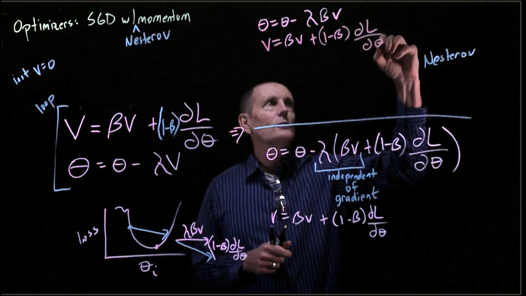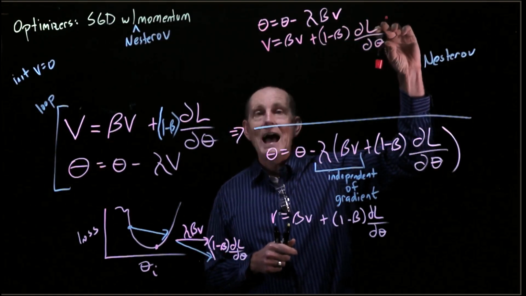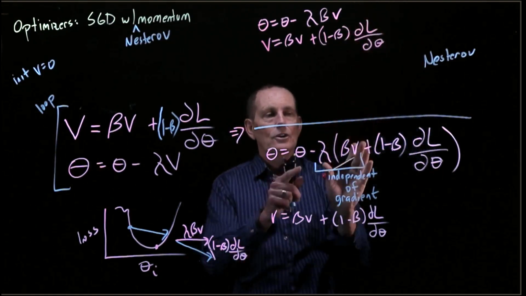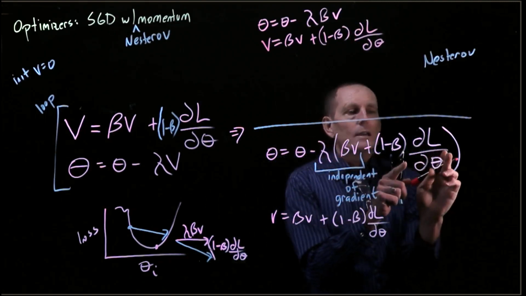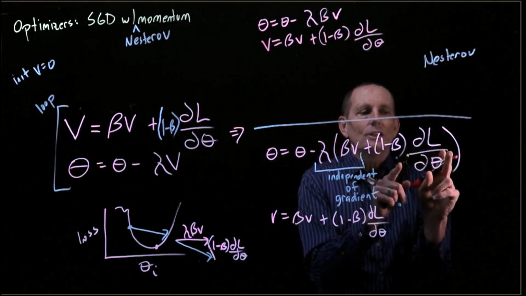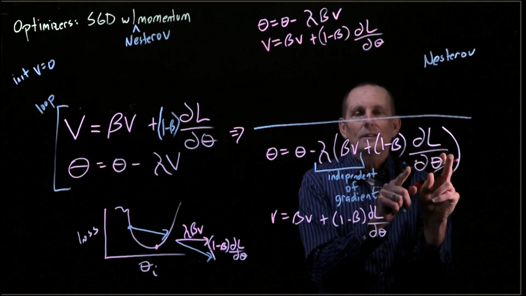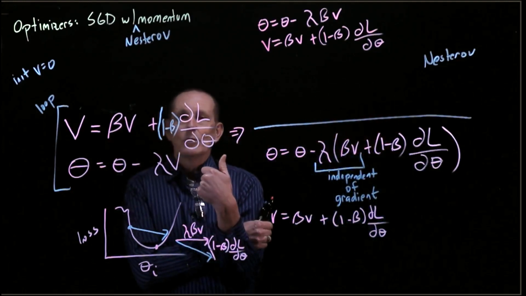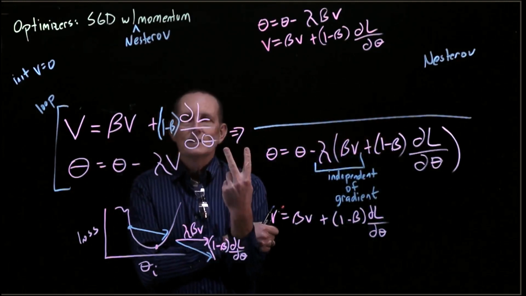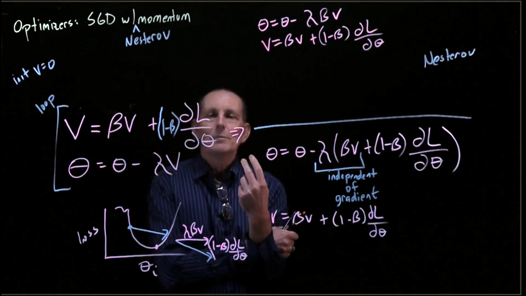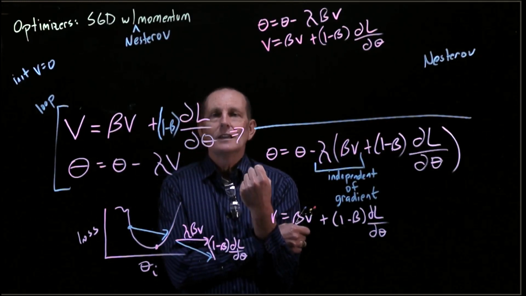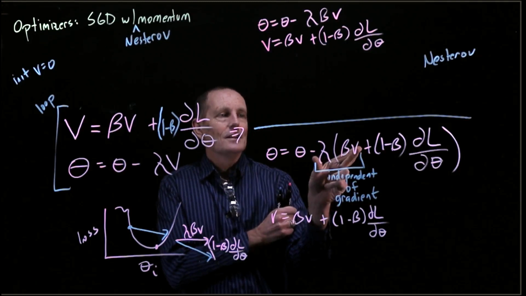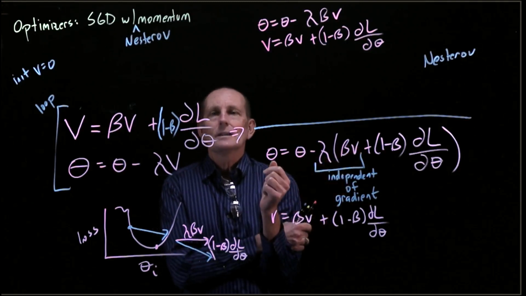The key is we're calculating the derivative after having updated theta. So we are getting a better estimation of what this gradient is going to be, because we know that we're going to be updating theta based on these two components, based on the gradient and based on this historical velocity.